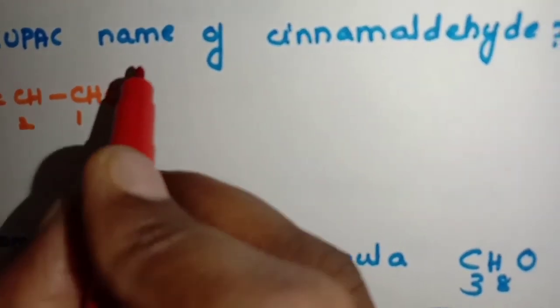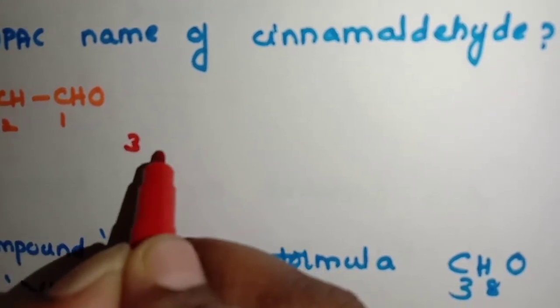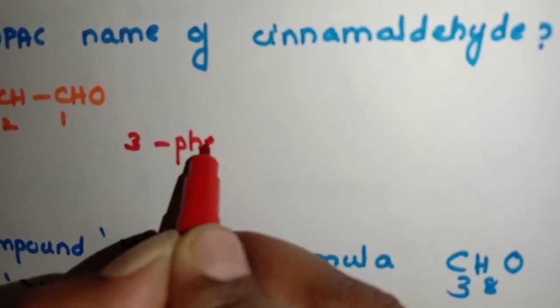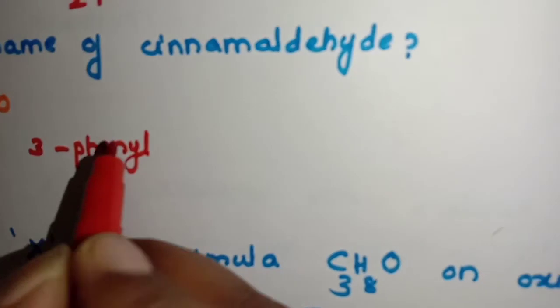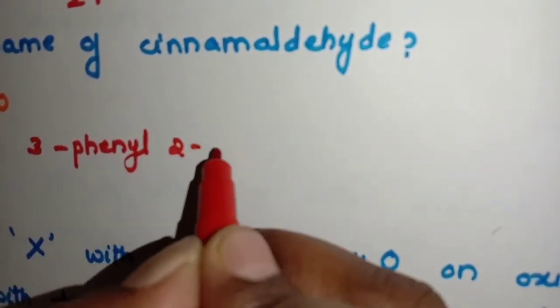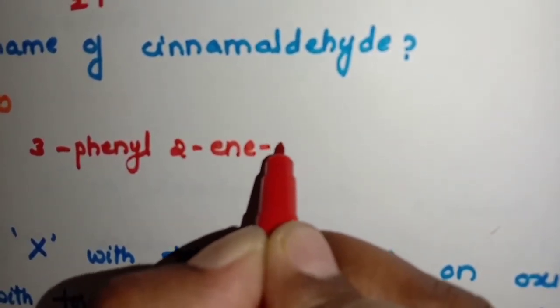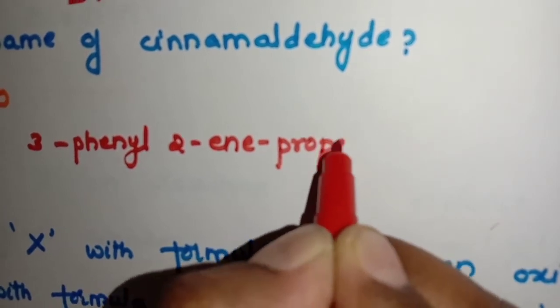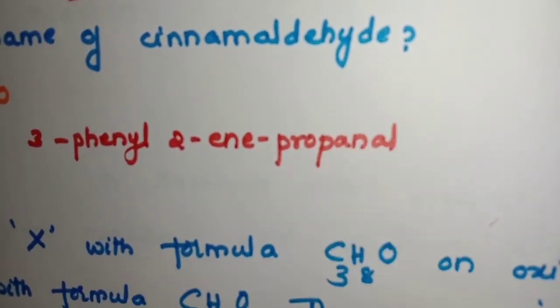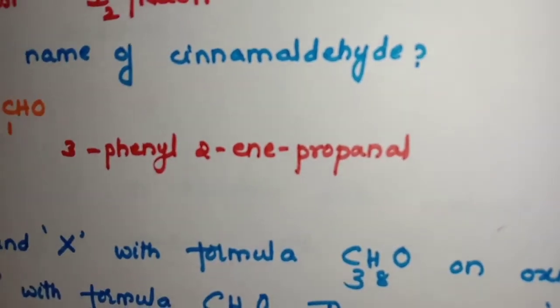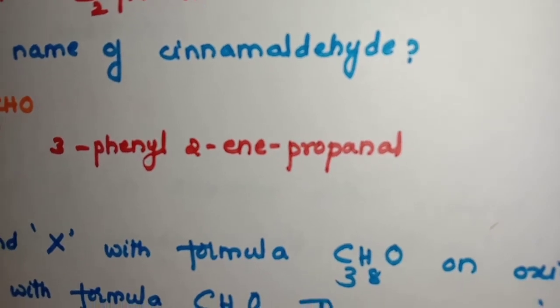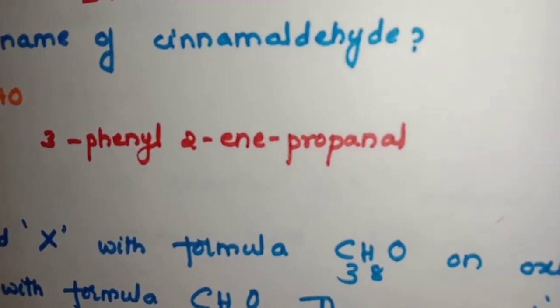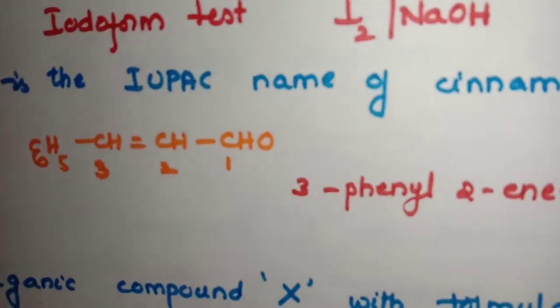So this can be named 3-phenyl 2-ene propanol. You can give this as the IUPAC name of cinnamaldehyde.